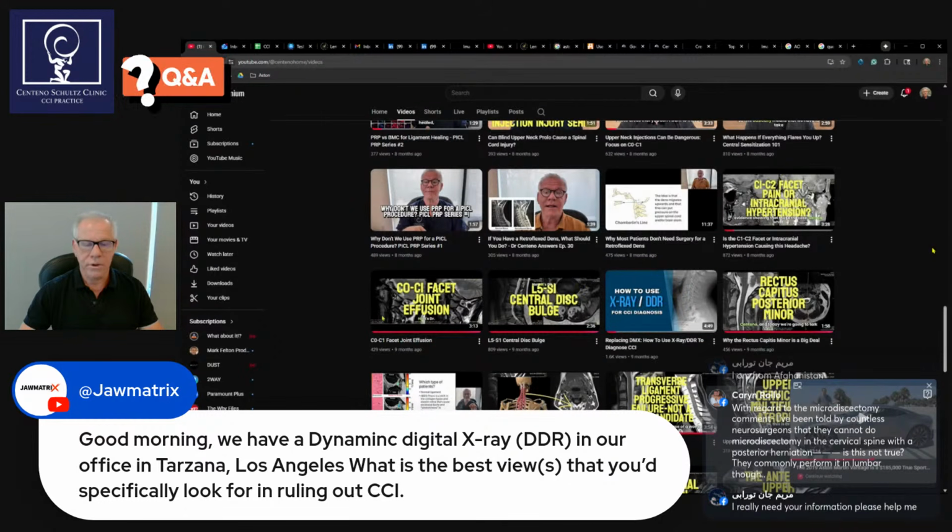And that'll show you the views that we're looking for and how to get those views to rule in or out craniocervical instability. Some of the big highlights: maximum flexion and maximum extension, meaning that you've got to go the absolute max the patient can go. And then it teaches you how to do open mouth lateral bending views, looking for C1, C2 overhang. So that would be the way to go there to try to get what it is you're looking for.